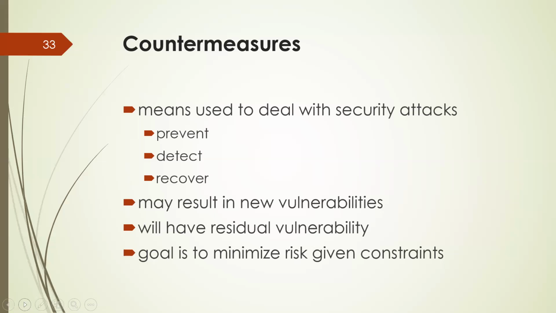If someone is sick, the person is detected, yes, they're positive, then quarantine them or take them to hospital if you find that their lungs are having problems and they can't breathe. That is the recovery component. So these are the 3 countermeasure ways in which we make sure that the information we have is always secure. It may result in new vulnerabilities, it's okay, and that's why we say it is continuous.